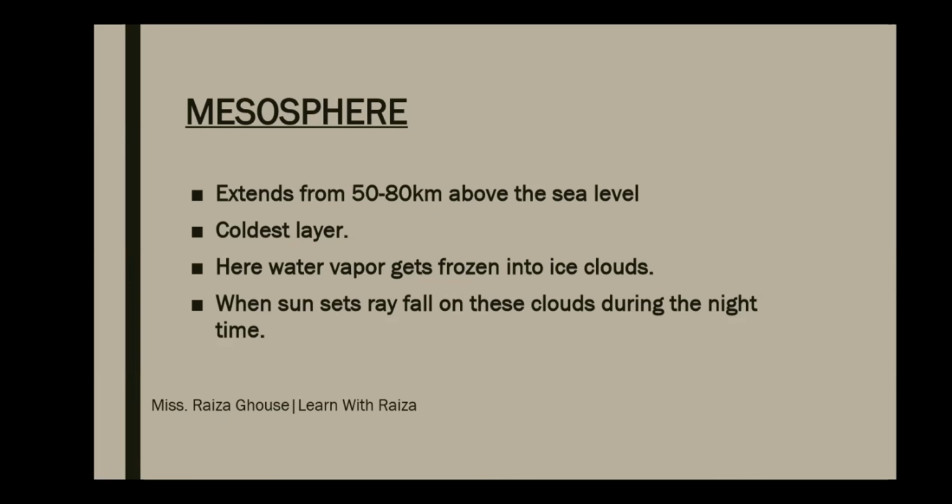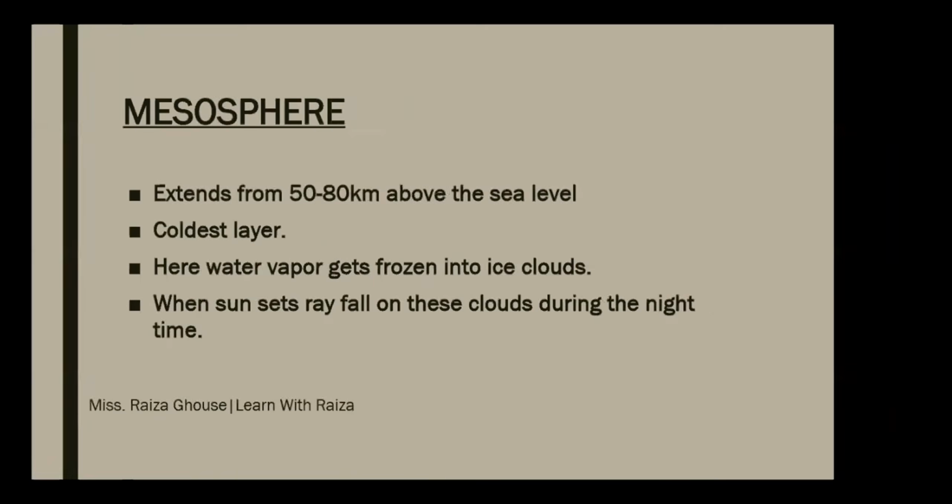So remember these points: 50 to 80 kilometers above the sea level, the coldest layer, water vapor gets frozen into ice clouds, and you will see them during the night time after the sunset, when the sunset rays fall on them. This is easy to remember because we learned only a few points in the mesosphere.